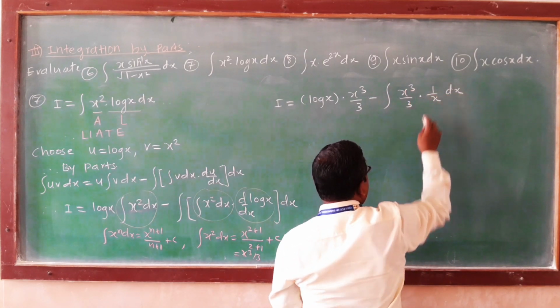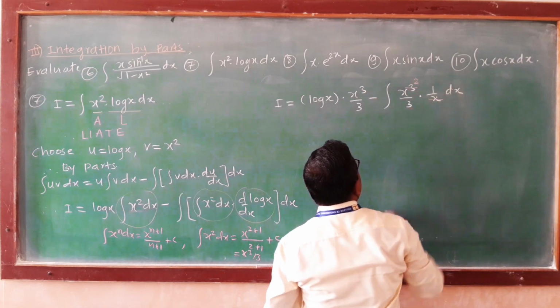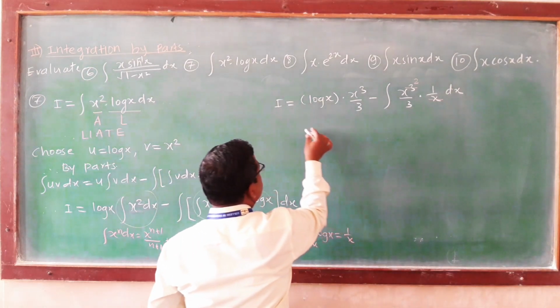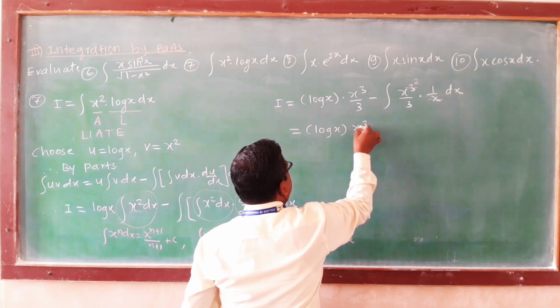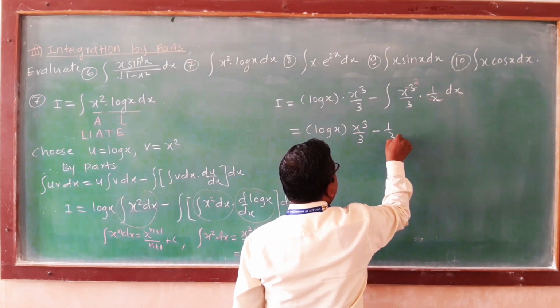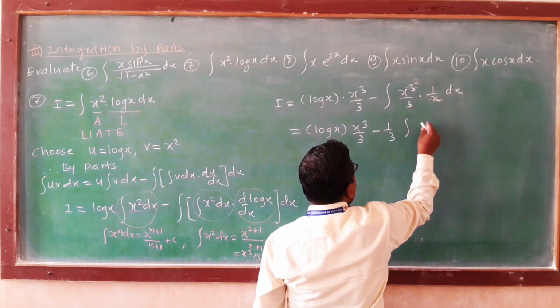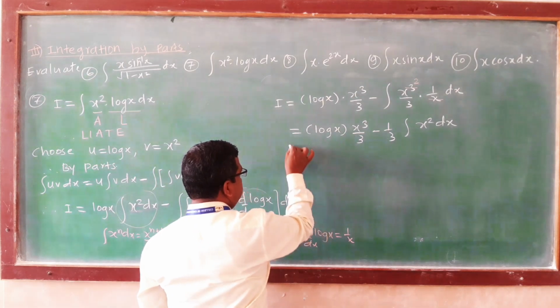Now x cube upon x will be x square. So this is equal to log of x, x cube upon 3, minus, taking the constant 1 upon 3 outside, the integration of x square dx.